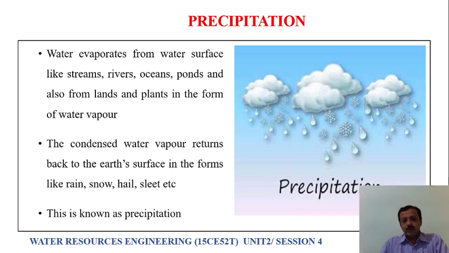I will explain these aspects in detail. The condensed water vapor which comes back to the earth's surface, either as rain, snow, hail, or sleet, we call precipitation.